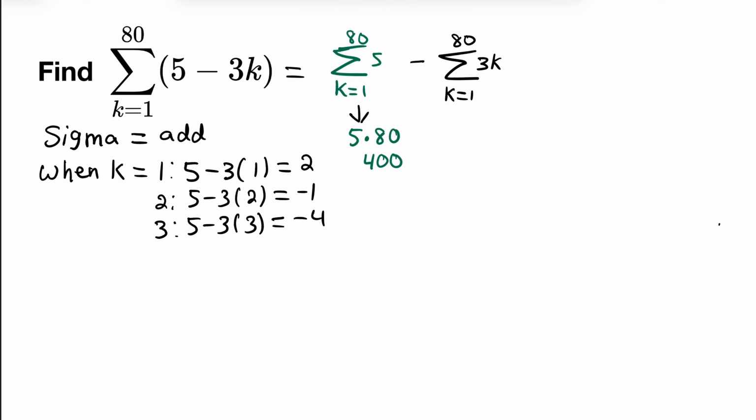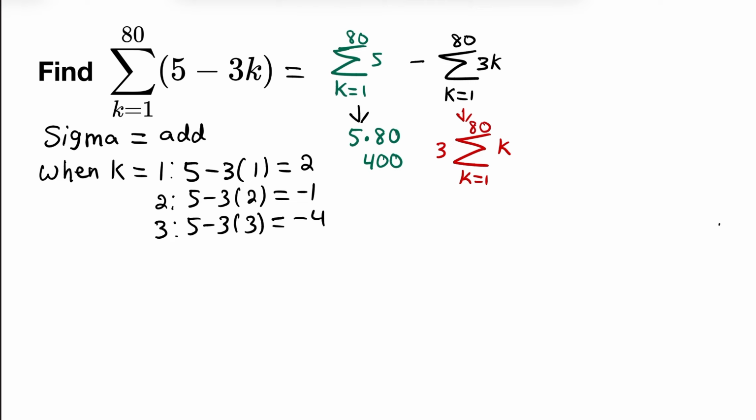Now let's evaluate the second sum, but we're going to handle the sum of 3k in this fashion. We're going to pull the 3 out because it's a constant, and so that'll look like this. So let me write that here. And so that would be the sum of k. We have the 3 out in front, k equals 1 on the bottom, and 80 on the top.